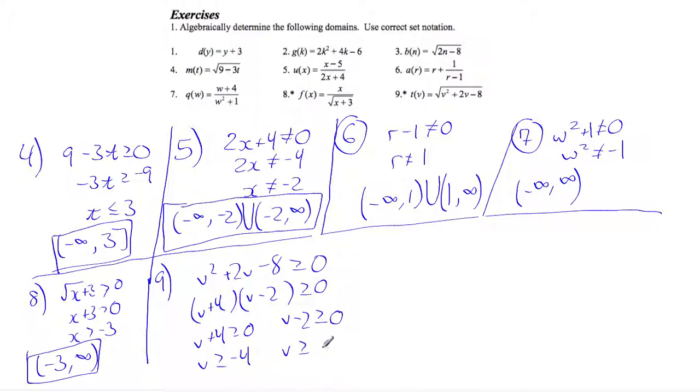V is going to be greater than or equal to +2. So this shows us that v is going to be greater than -4 and also greater than 2. So we would write it like this, greater than 2, greater than -4.